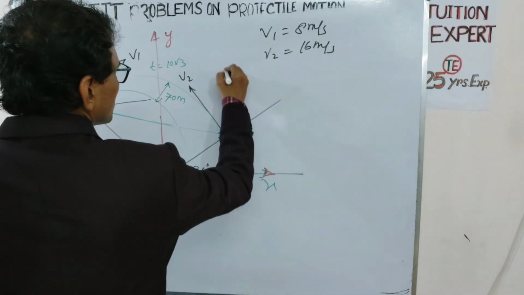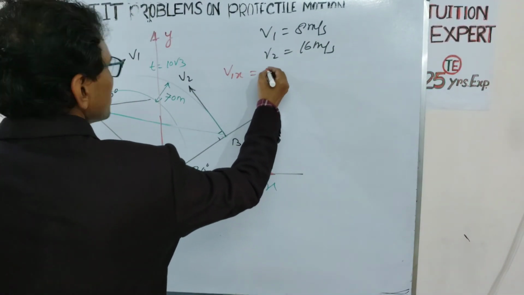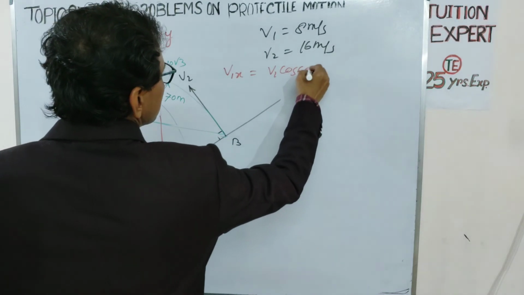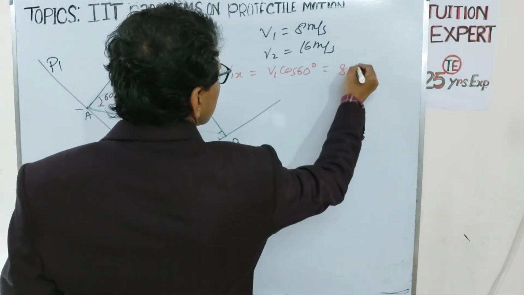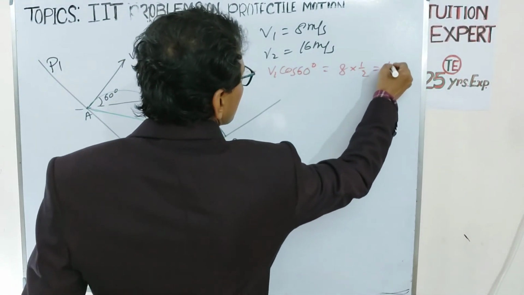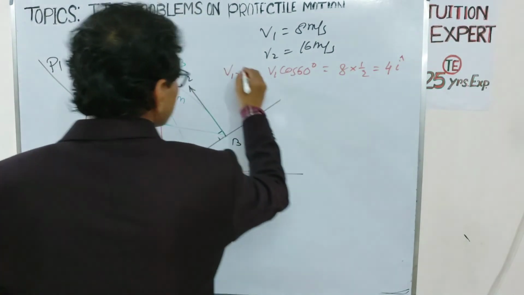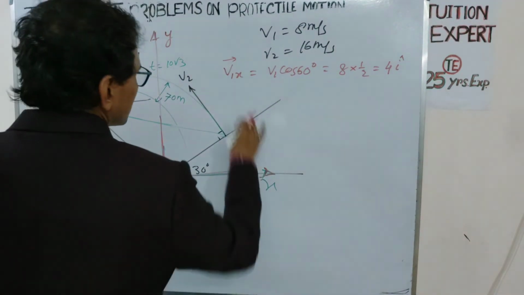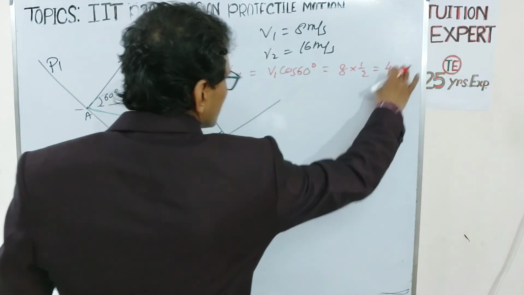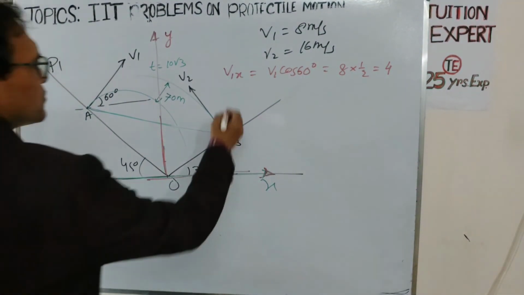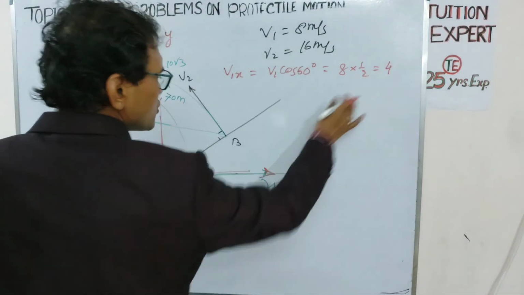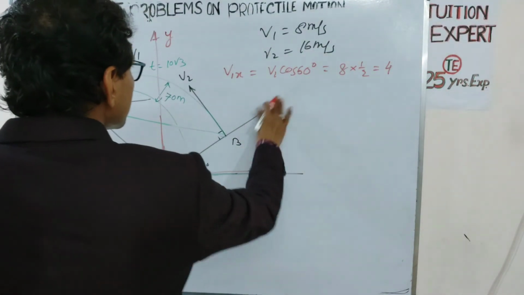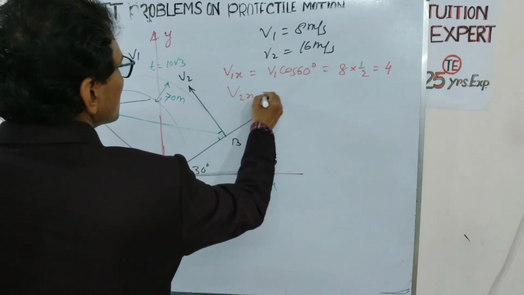So we get V1x equal to V1 cos 60 degree, that is 4. We don't take the unit vectors, we take only the magnitude. V1x equal to this, V2x equal to V2.